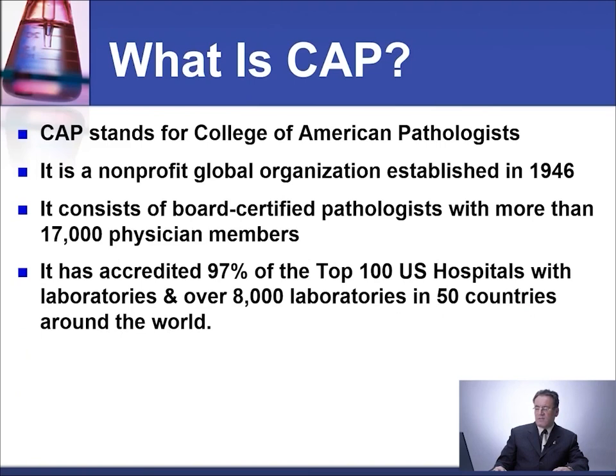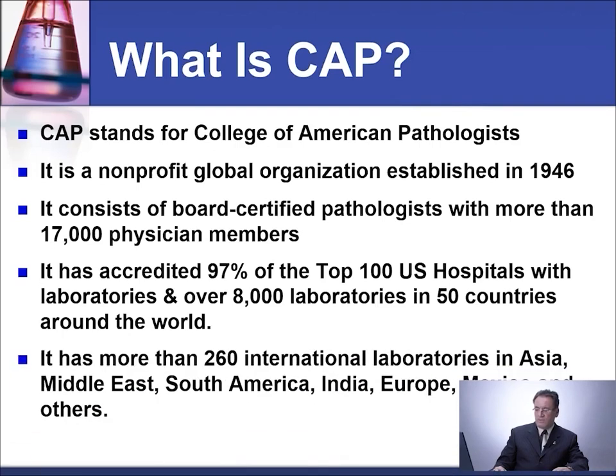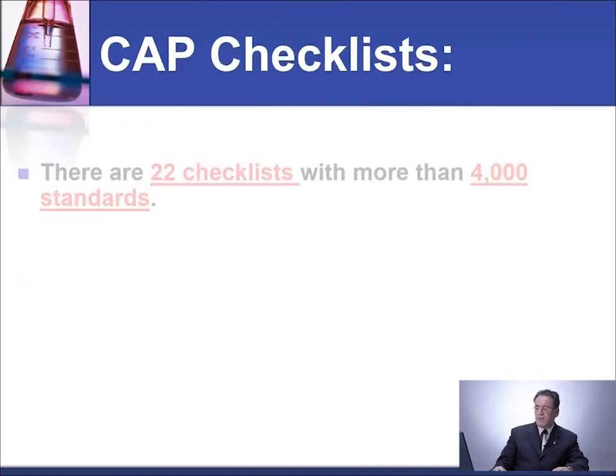It has accredited 97% of the top 100 U.S. hospitals with laboratories and over 8,000 laboratories in 50 countries around the world. It has more than 260 international laboratories in Asia, Middle East, China, South America, India, Europe, Mexico, and others.